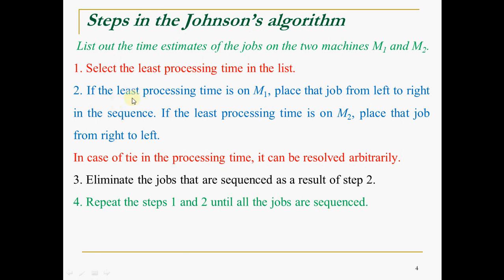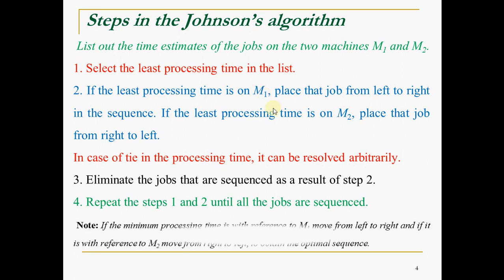Every time you select the least processing time, and if that corresponds to M1, sequence it from left to right, and if it corresponds to M2, sequence it from right to left. Continue this process till all the jobs are sequenced.